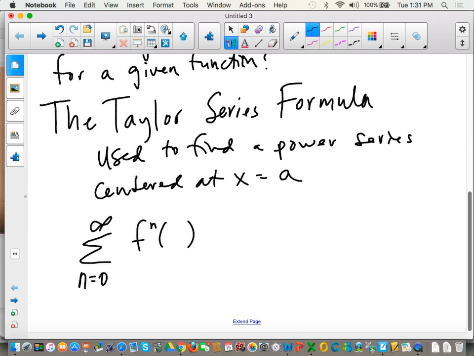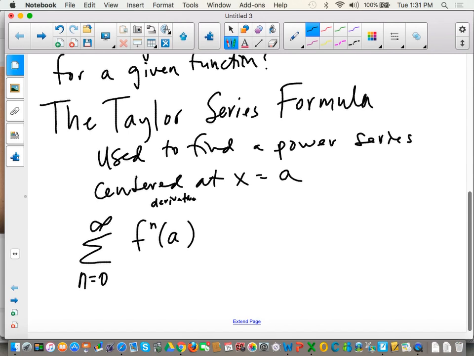So for the very first term, you put 0 in for n, and you would have the 0th derivative, which means no derivative at all. Then you'd let n equal 1, you'd find the first derivative. And n equals 2, the second derivative, and so on. And into that derivative, you're going to put the centered value, that a value, whatever the center is. Okay, so this is a derivative.